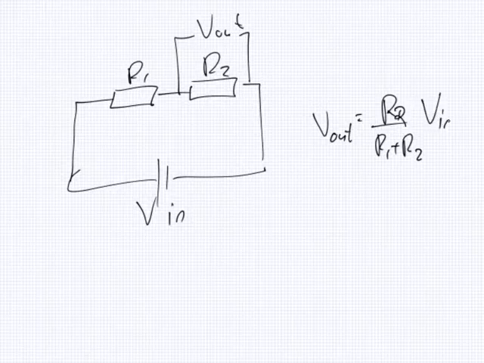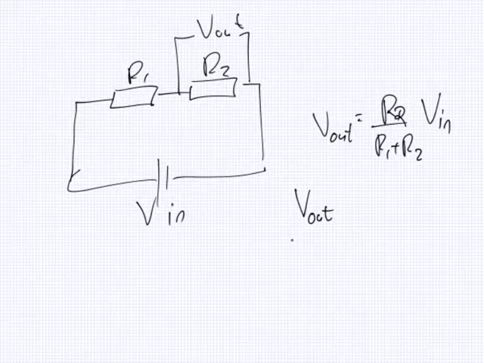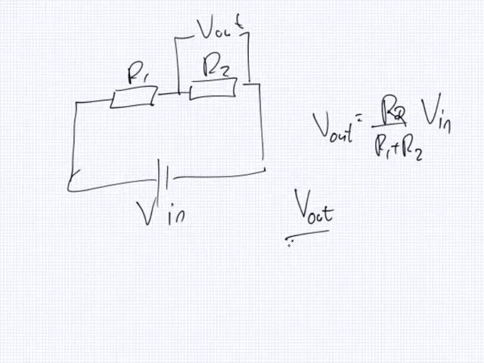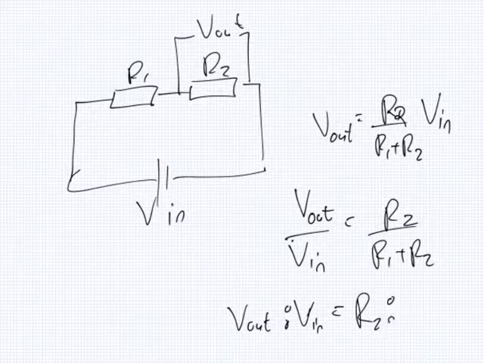So V out over V in equals R2 over R1 plus R2. So V out ratio V in equals R2 ratio R1 plus R2.